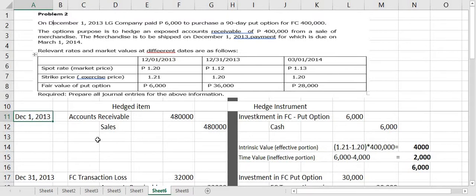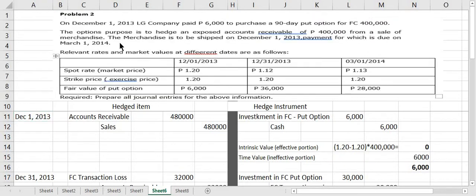In this case, during December 1, 2013, dahil equal yung ating strike price at saka yung ating spot rate na 1.20, kaya wala tayong intrinsic value. Kasi the intrinsic value is the difference between the strike price and the spot rate if the situation is in the money.